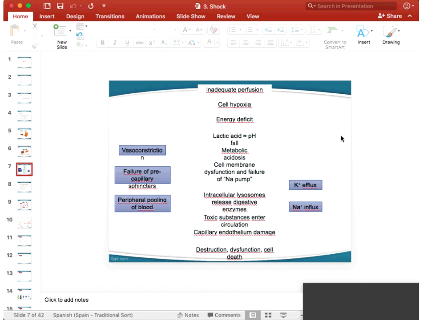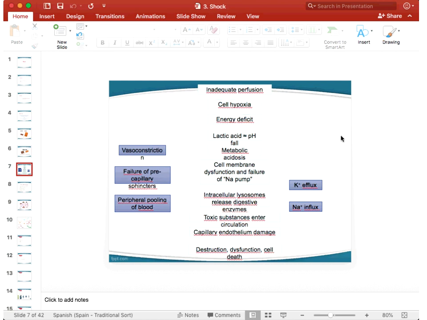Then there's a failure in the capillary system. As you can recall, the capillaries have little sphincters, and they can control the pressures in order to sustain the cardiac output. There are several types of shock, but we'll be referring much further on to a hypovolemic or hemorrhagic shock, where there's a massive amount of blood loss.